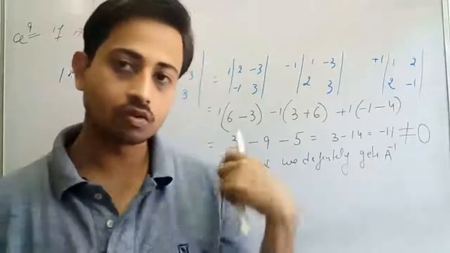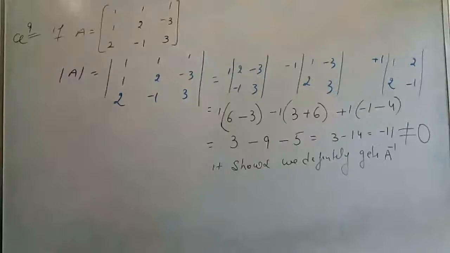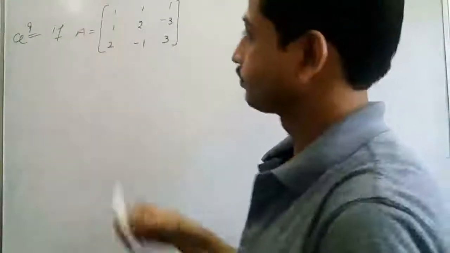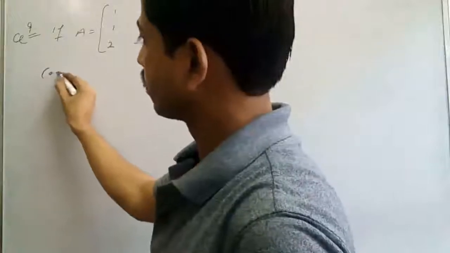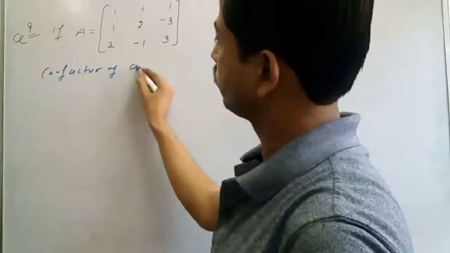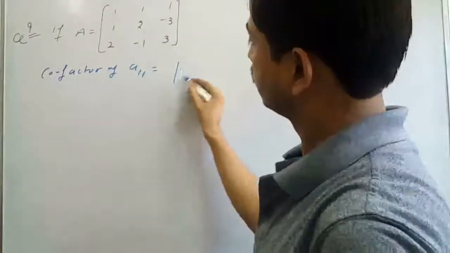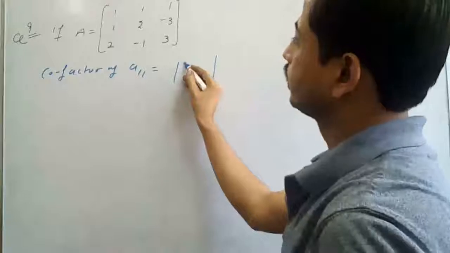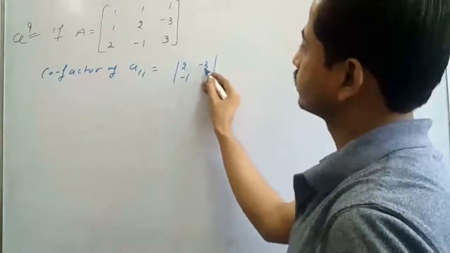So please make a note first. Now get the cofactors. Cofactor of A11: remove the first row and first column. We get 2, minus 1, minus 3, 3.